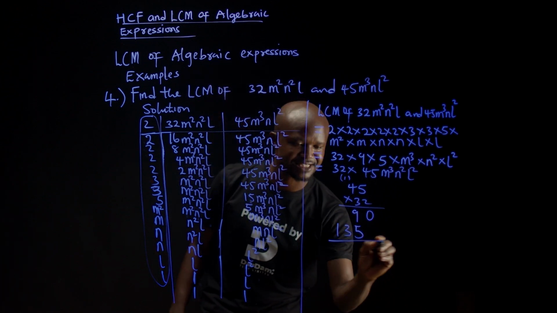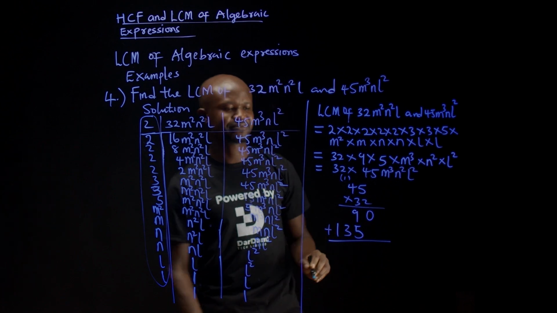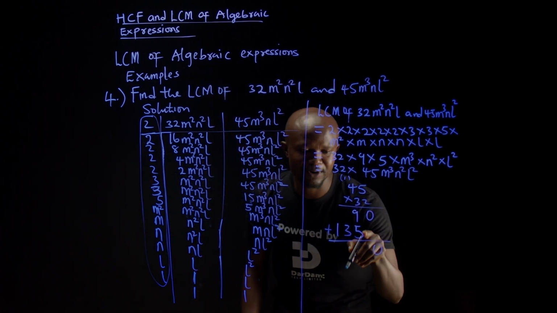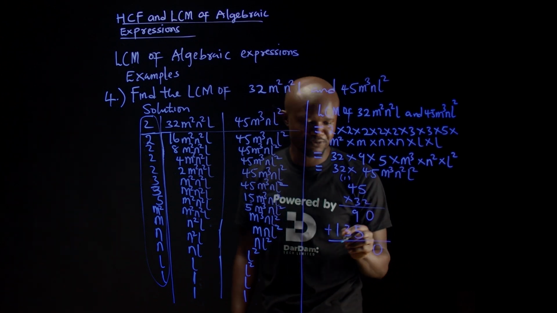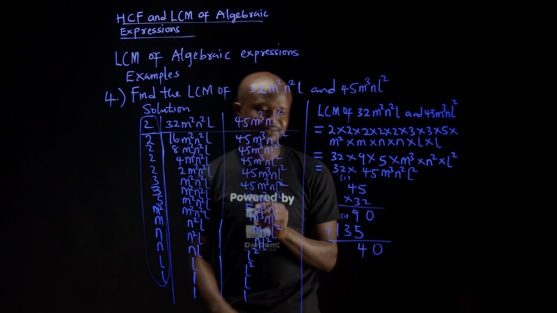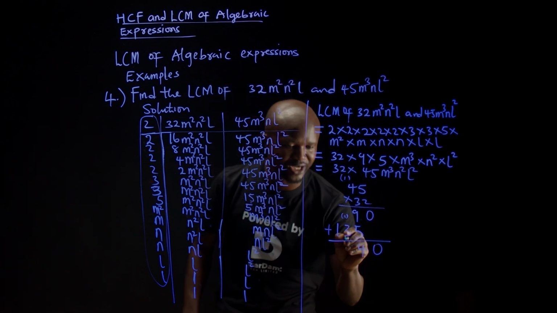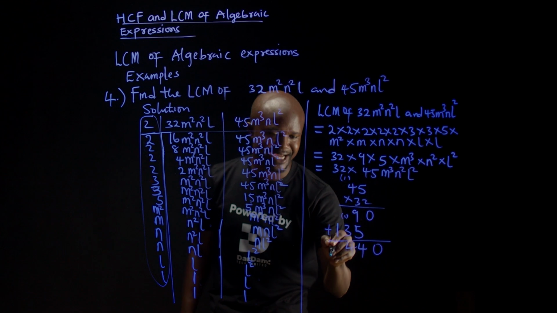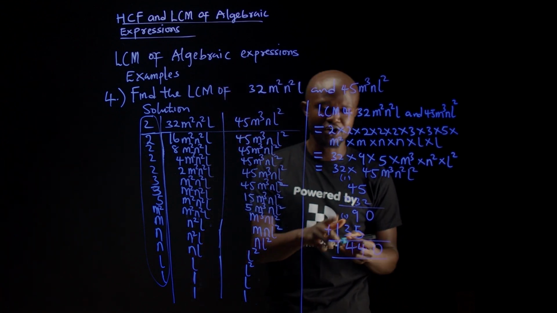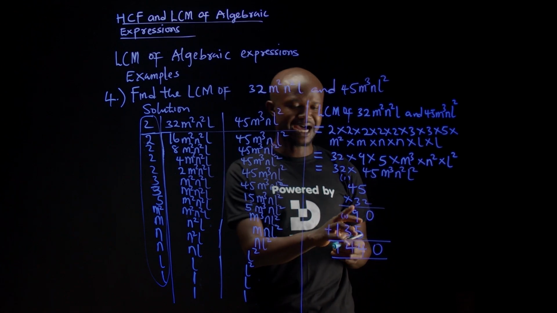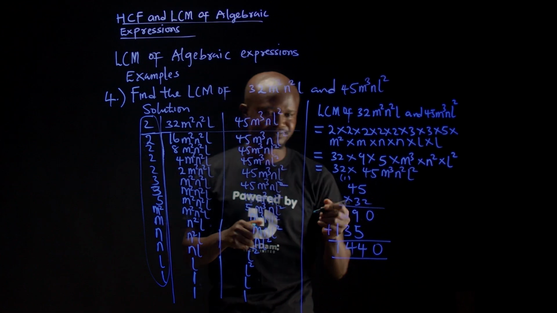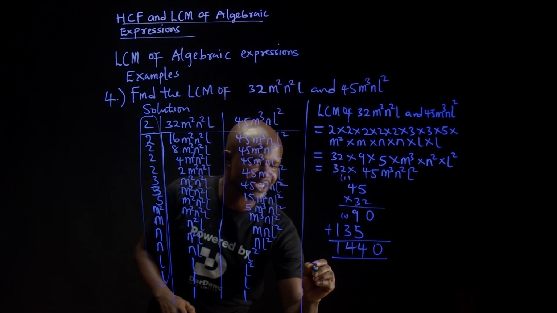Now we add. From the back, we have 0. 9 plus 5 is 14, carry 1. 1 plus 3 is 4, then we have 1 here. So the product of 45 and 32 is 1,440.